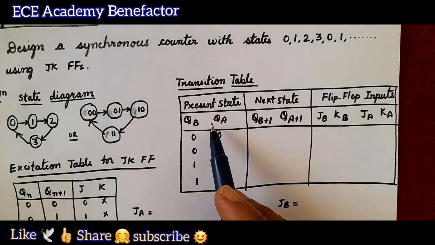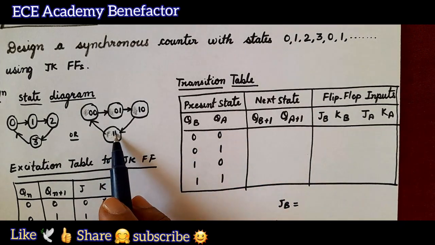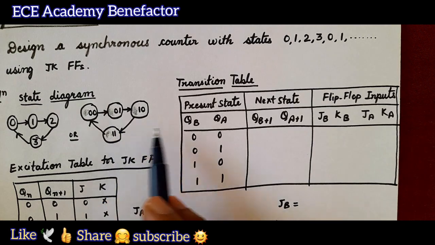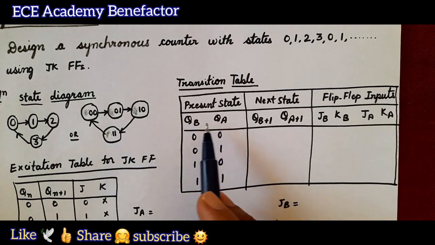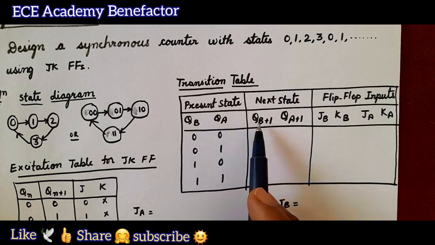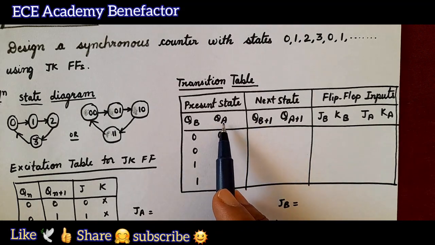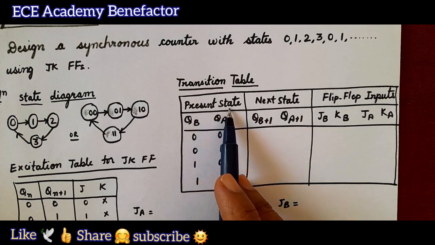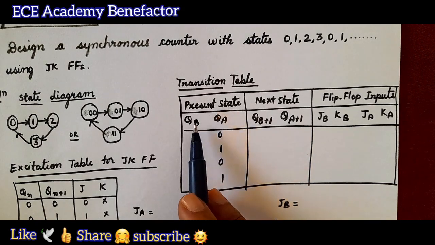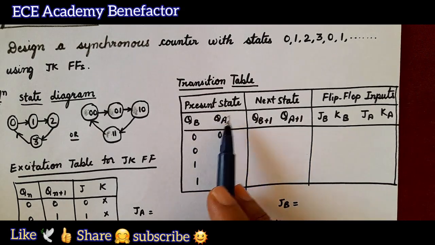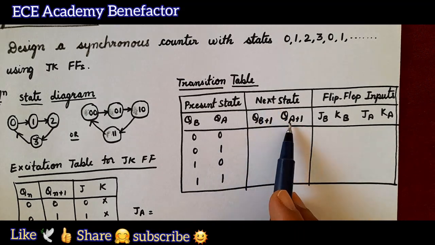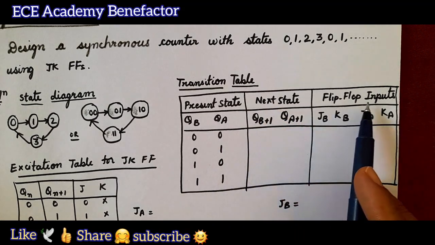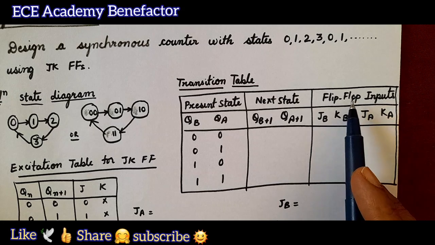So the present state has 2 outputs, QB, QA. The next state of QB will be QB plus 1, and the next state of QA will be QA plus 1. The first column is the present state, the next columns are the next state QB plus 1, QA plus 1, and these are the flip-flop inputs, the third column.